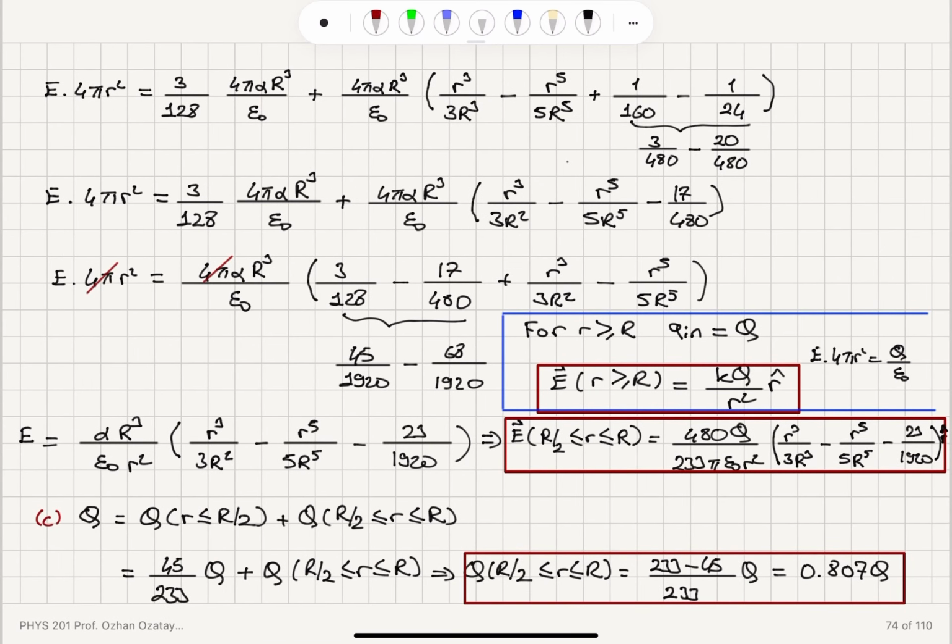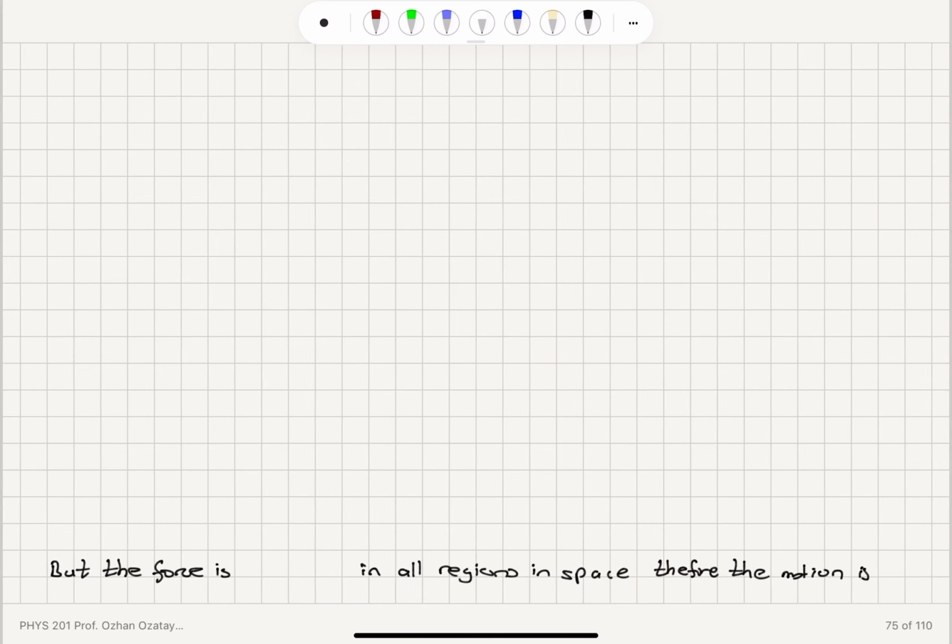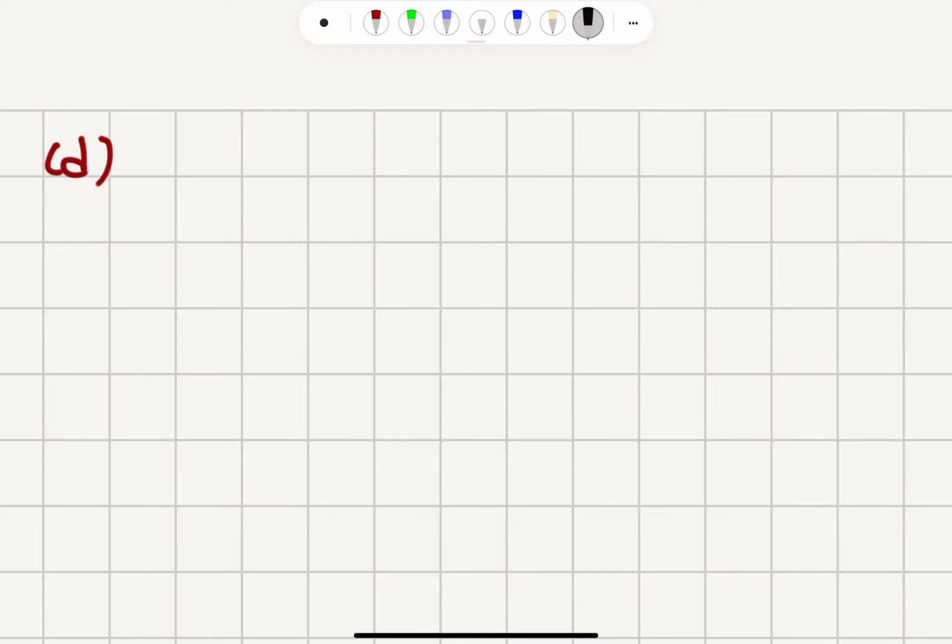Or I also know the electric field between capital R over 2 and R. If I substitute for R this value, capital R over 2, I should obtain the same answer. So there are two ways to go about this. So in part D, I'm going to evaluate the magnitude of the electric field at capital R over 2.